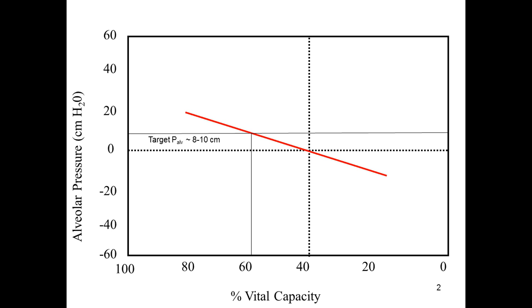But also recognize that as we expire and head back towards our resting lung volume, we are going to see that as lung volume decreases, the actual size or magnitude of the relaxation pressure starts to decrease. And therefore, we're going to need to add extra force there.